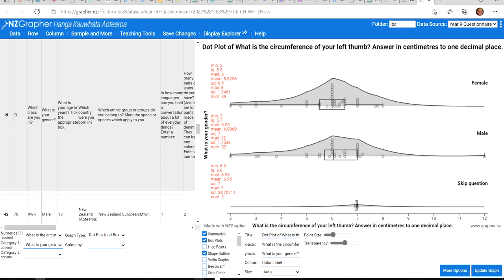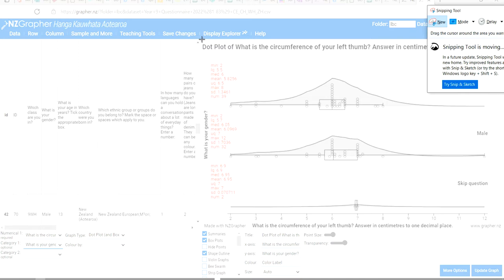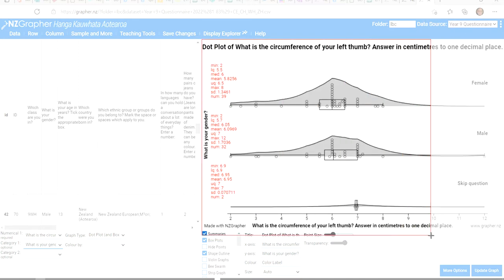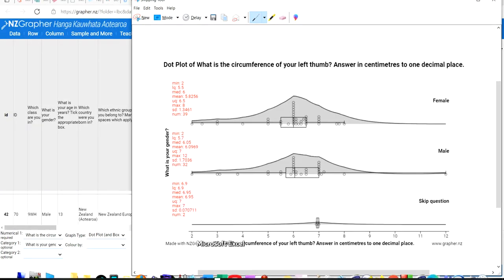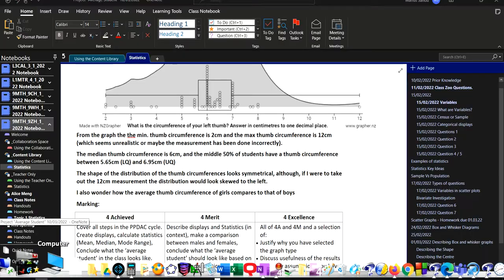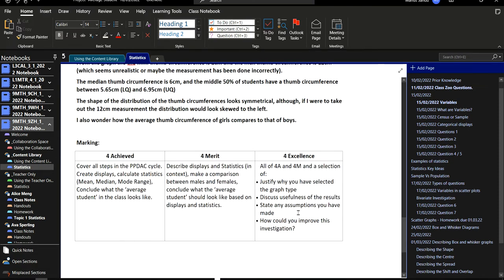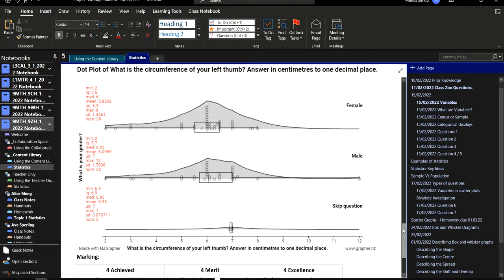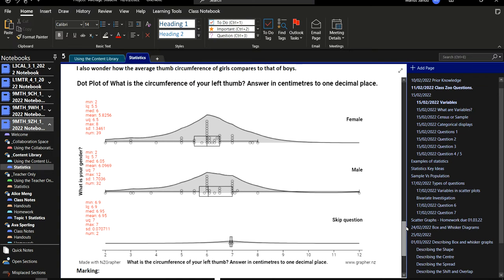And again, I take a snip of that. And I add it to the bottom of my page. And now what can you tell me about this? They both look symmetrical.